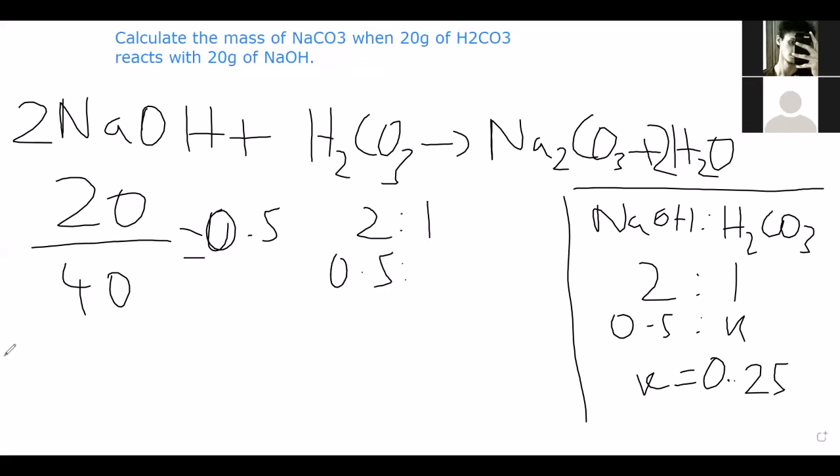So we will get 0.25 moles of Na2CO3. 0.25 into the MR of sodium carbonate, which will be 2 times 23 plus 12 plus 48, that is 106. So the mass of sodium carbonate that we get is 26.5 grams.